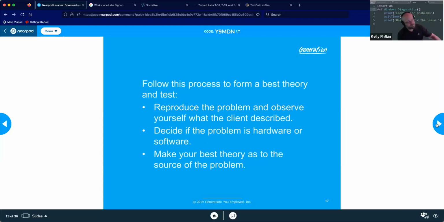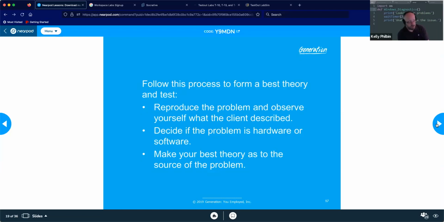Right? So one of the things we like to do with the customer is to follow this kind of process here for a best theory and test. Try to get them to reproduce the problem, or you try to reproduce the problem based upon what they're describing as happening. This is why it's critical to know what was happening at the moment the problem occurred.